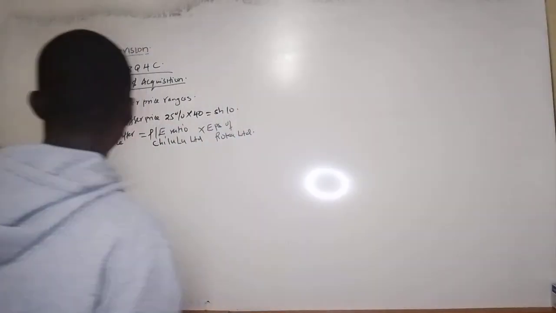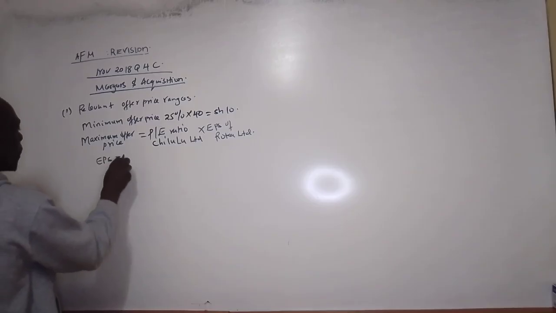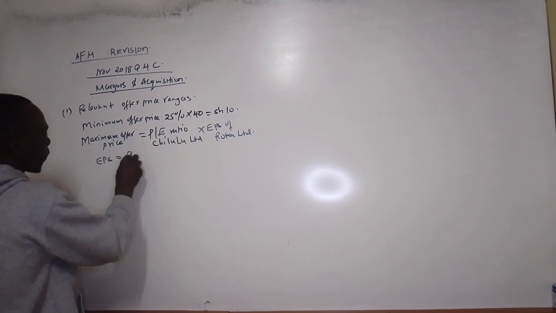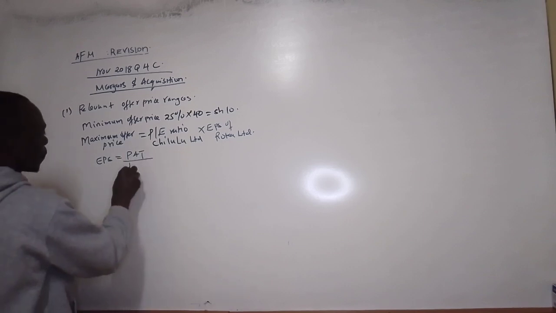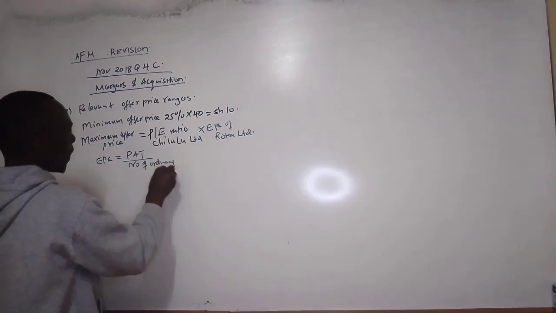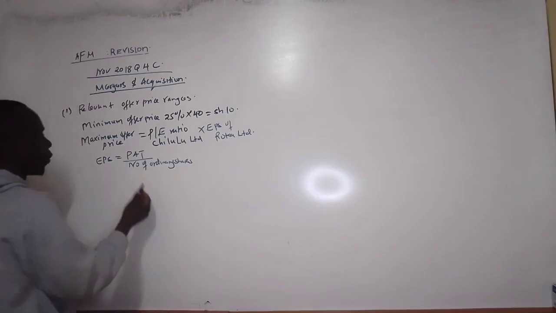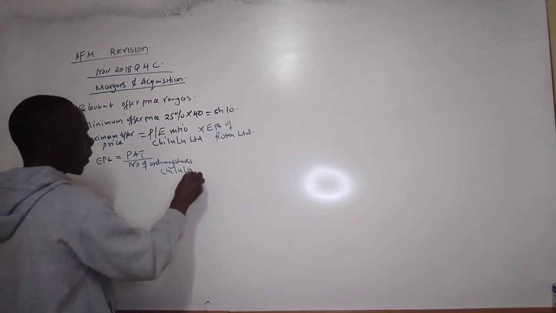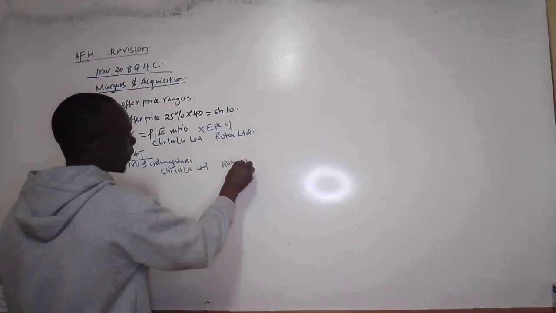For us to get the PE ratio, first we start by getting the EPS. How do we get the EPS? EPS is given by the profit after tax, or profit attributable to ordinary shareholders, divided by the number of ordinary shares. In this case, we have two companies, Chiruru Limited and Roka Limited.